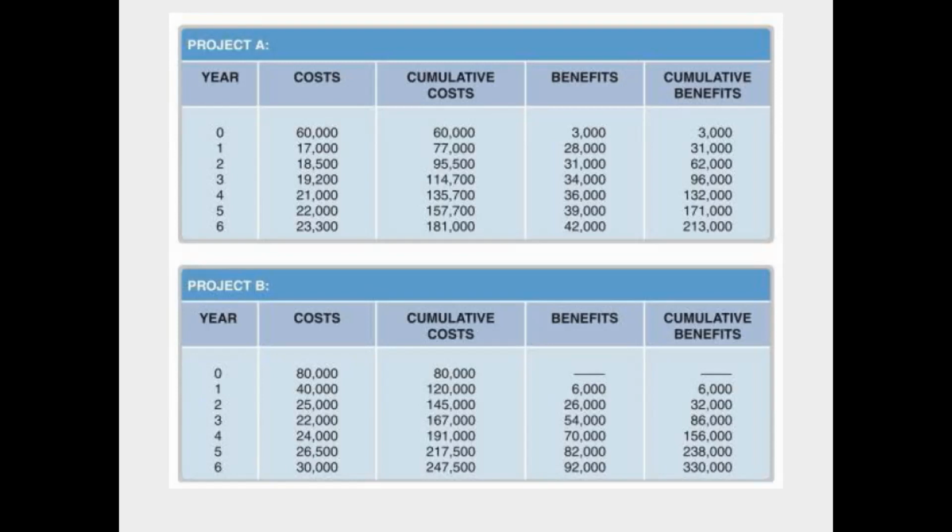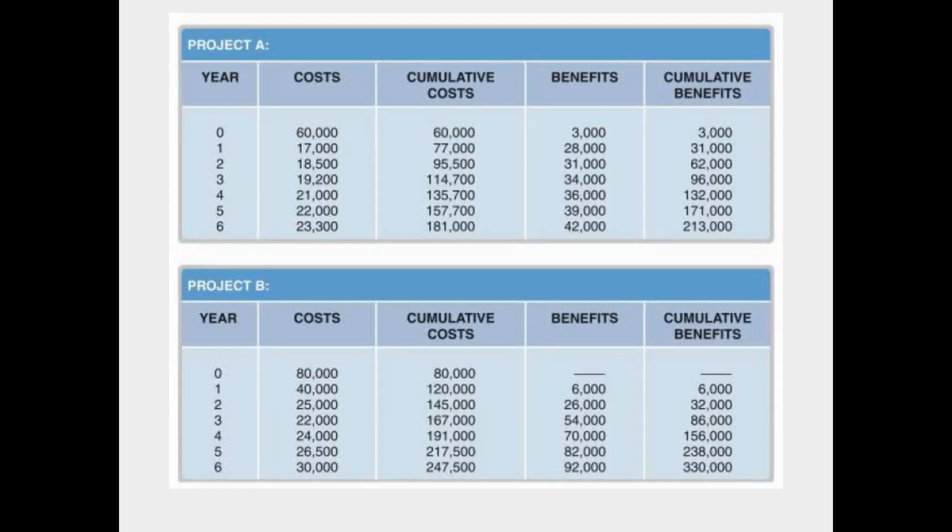Right. Now let me explain this. So let's look at project A first. So we have years and we have cost and benefits. For example, initially in project A, we need 60,000. And as a benefit, we are getting 3,000. First year, right? Then the cost will be 17,000.